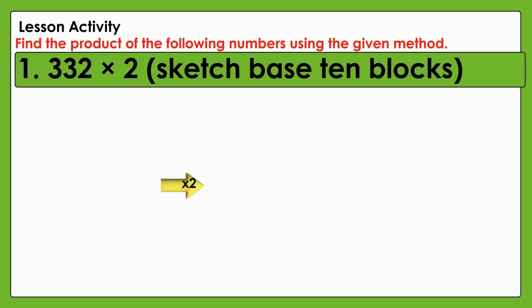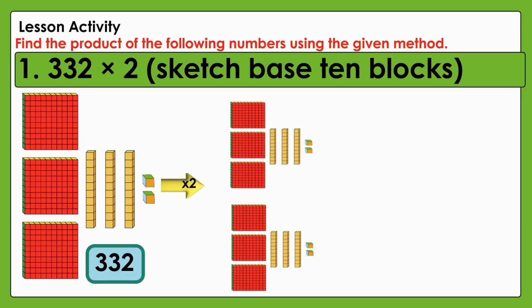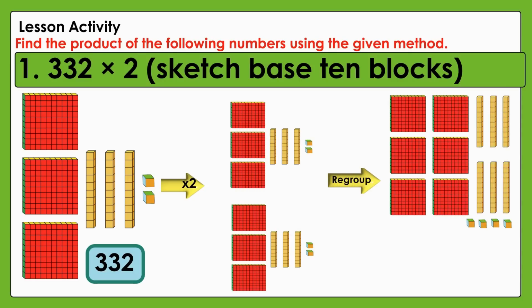And here is the answer for number 1. 332 with 3 flats, 3 longs, and 2 squares times 2 is equal to 664.